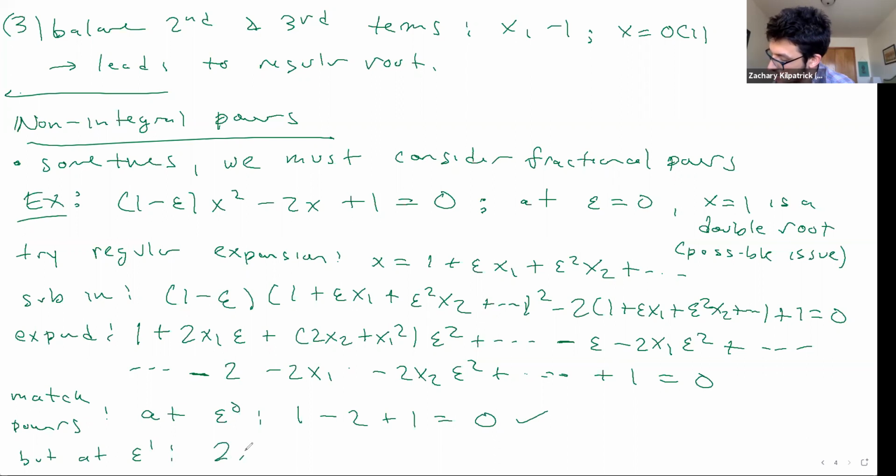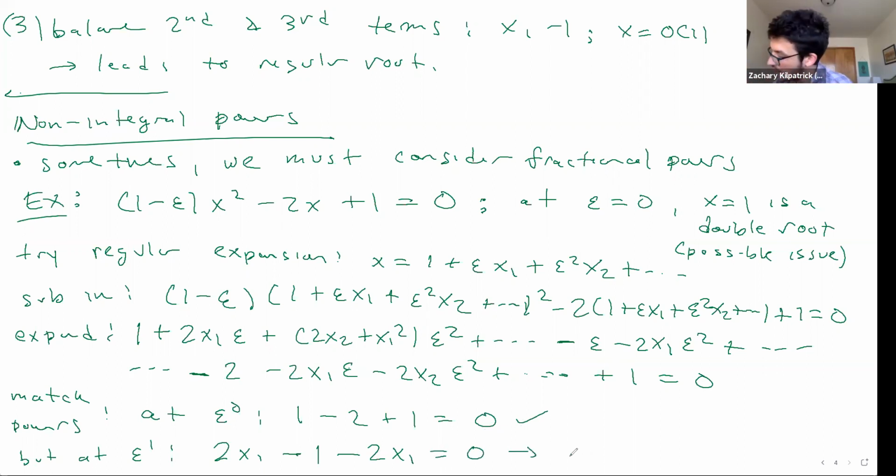But at epsilon to the 1, what happens? I get 2x1. Then I look over here, I have a minus 1 times epsilon. Sorry, I left an epsilon out of there. And I have a minus 2x1 from this term here. So this is supposed to equal 0.